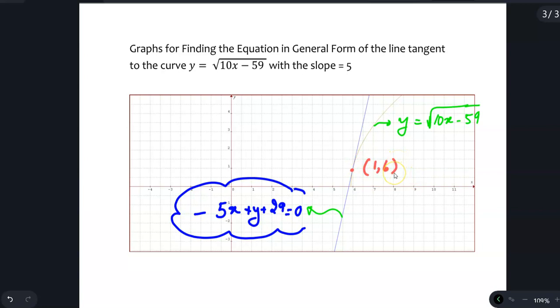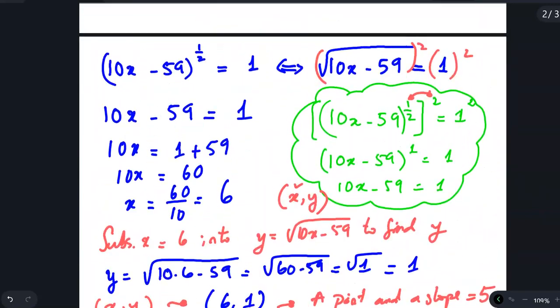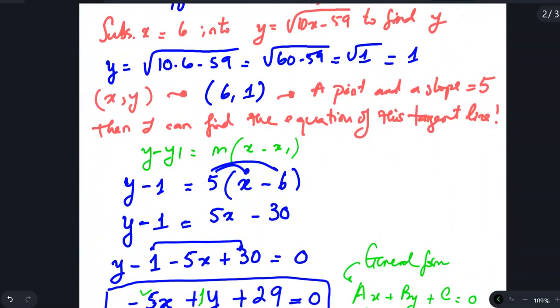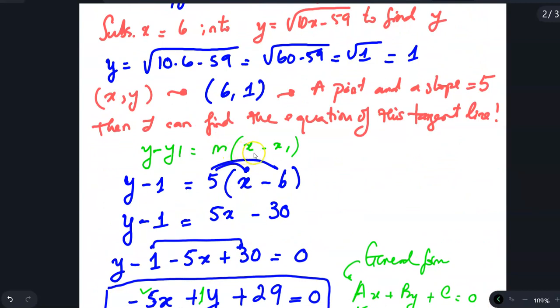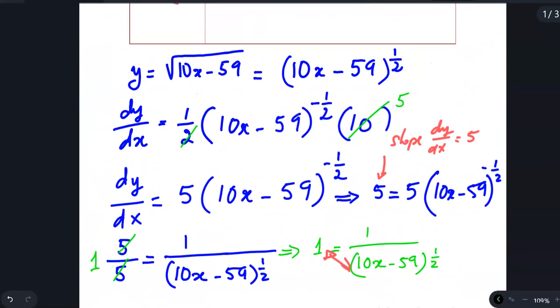We have to find this point in order to substitute it into the equation y minus y1 equal to the slope times x minus x1, in order to find the equation for that tangent line. The slope is given to us, and we need to find x1 and y1. We can find x1 by differentiating this equation, and dy by dx is actually the value of the slope.